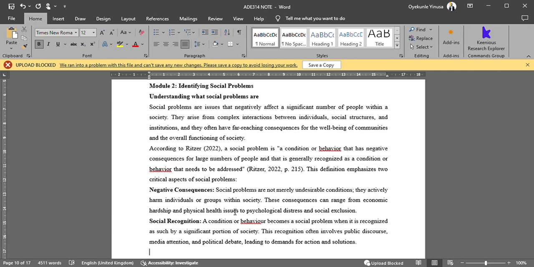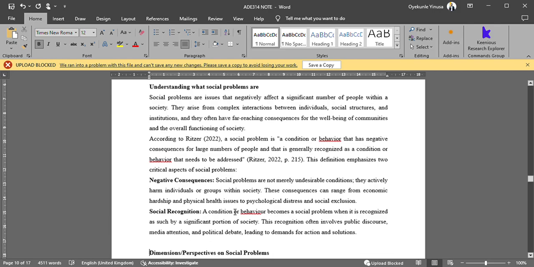It can be economic hardship, physical health issues, inequalities, social vices, social exclusion, and so on. So every social problem has negative consequences on everybody in the community.